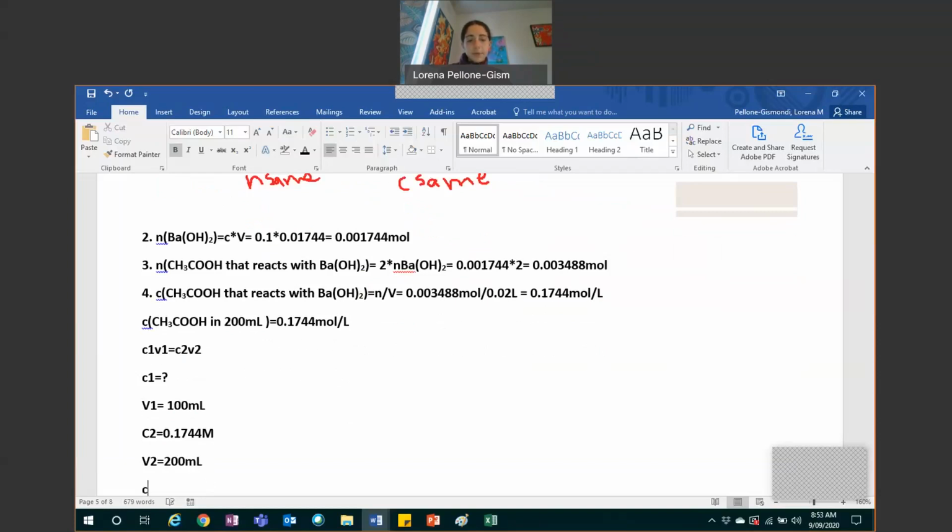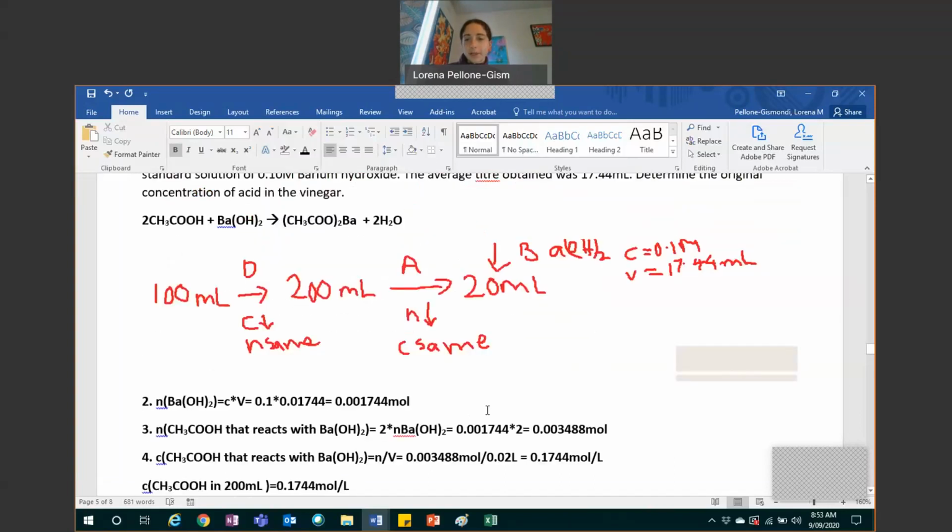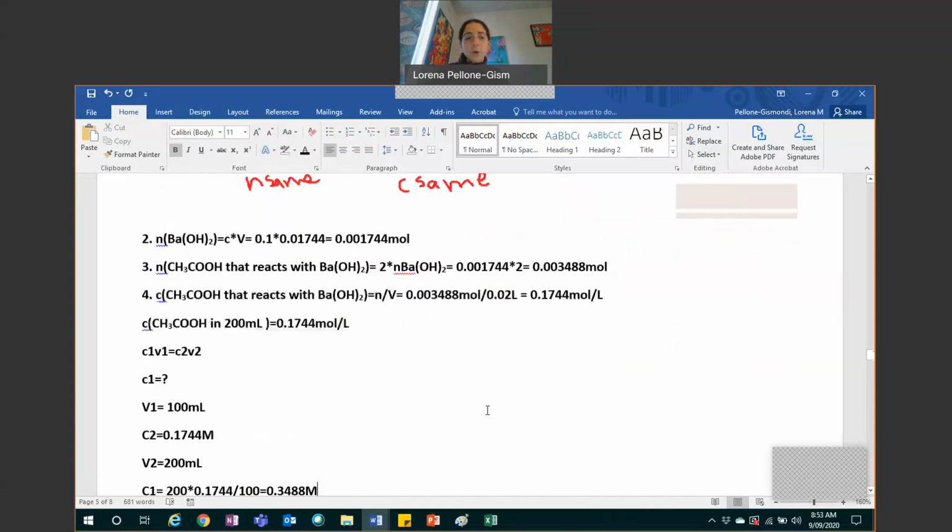So simply working out C1 equals C2 times V2, so 200 times 0.1744 divided by 100 equals 0.3488 mole per litre. So this shows you that you could either times it by 2 and get the same answer, or if you're stuck, do C1, V1, C2, V2.